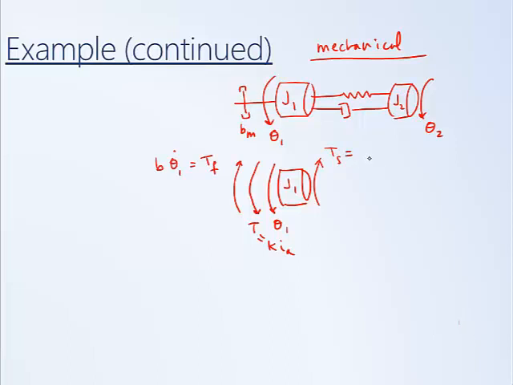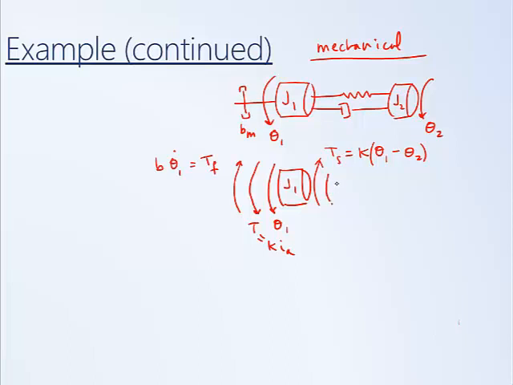And the magnitude of the torque is proportional to the deformation of the spring. So it has some stiffness K, some spring constant K, and the amount of twist is equal to how much the one end moves minus how much the other end moves.